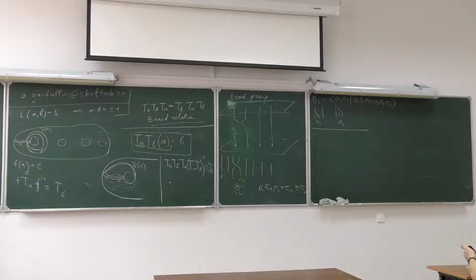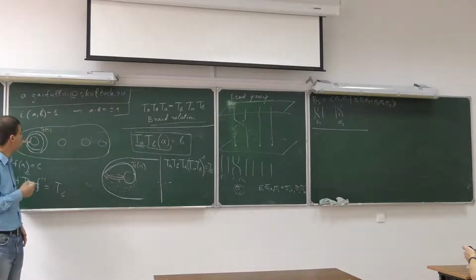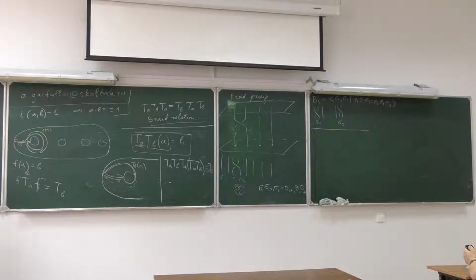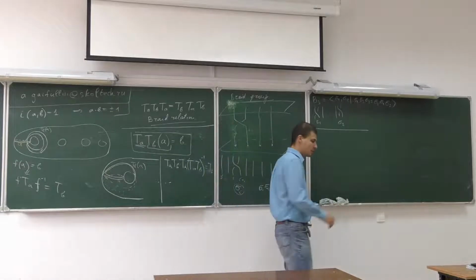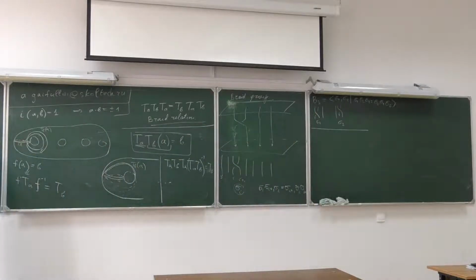Okay, so we see that if the geometric intersection index is 1, then we have this braid relation. Well, a natural question is: is this a unique relation between these two Dehn twists, or maybe some other relations exist?